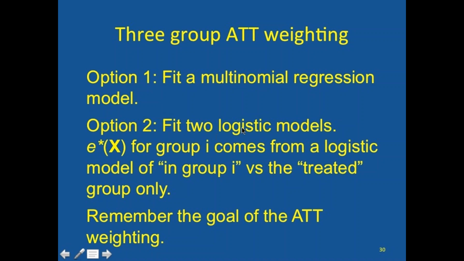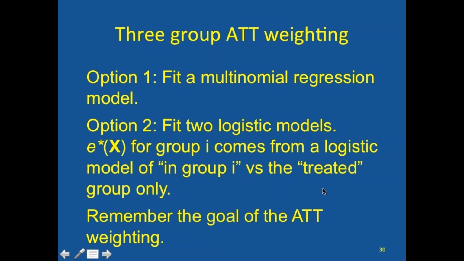Yeah, or let's suppose we made, in your example, groups A, B, C. When we do the ATE weights, to get the weights for A, we fit A versus B or C. To get the weights for B, we fit B versus A or C, and so on. For the ATT, we pick one of the groups as being the group we're going to morph to. So let's say it's A. So let's call A our quote treated group.